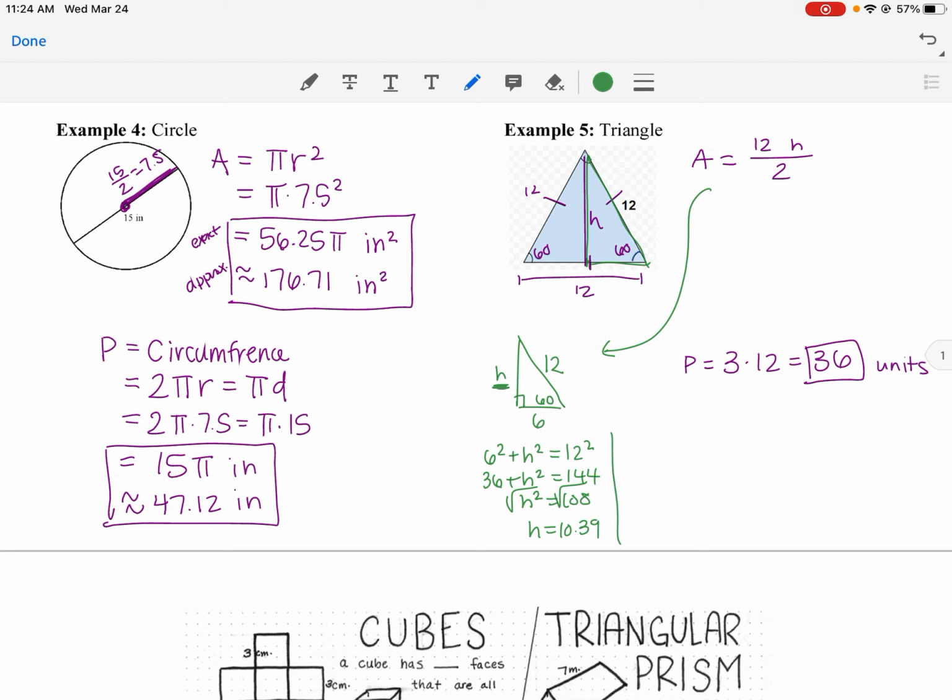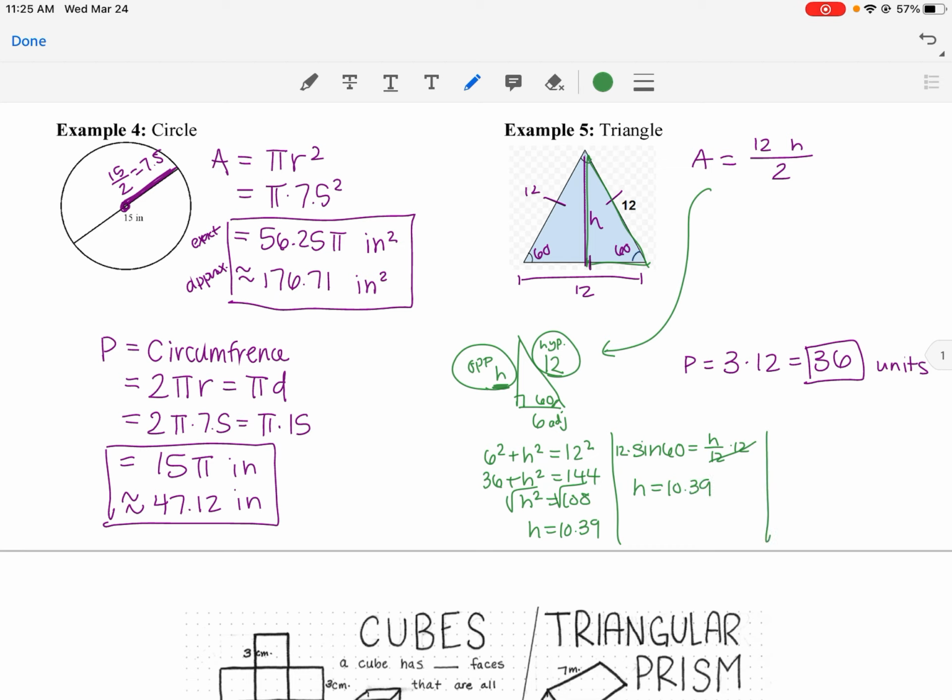Another option is you could say, okay, well, I know my trig functions. Maybe you use this 60-degree angle, and you identify opposite, hypotenuse, adjacent. So maybe I decide to use my opposite and my hypotenuse. I could do sine of 60 equals h over 12, times both sides by 12. Once again, h equals 10.39.